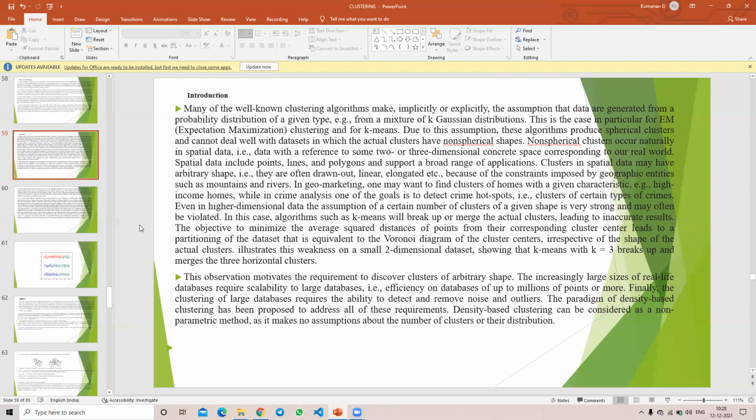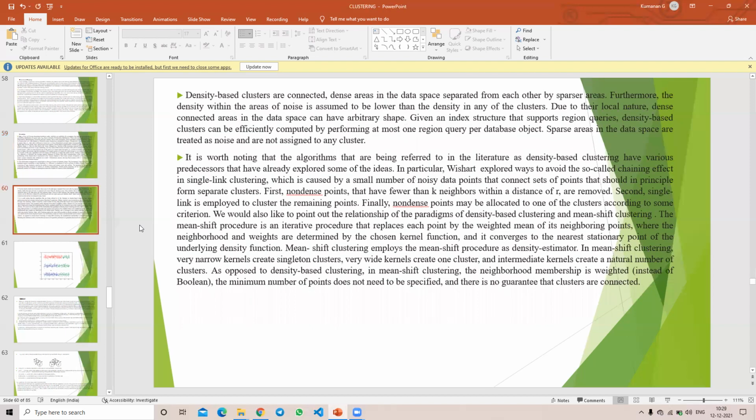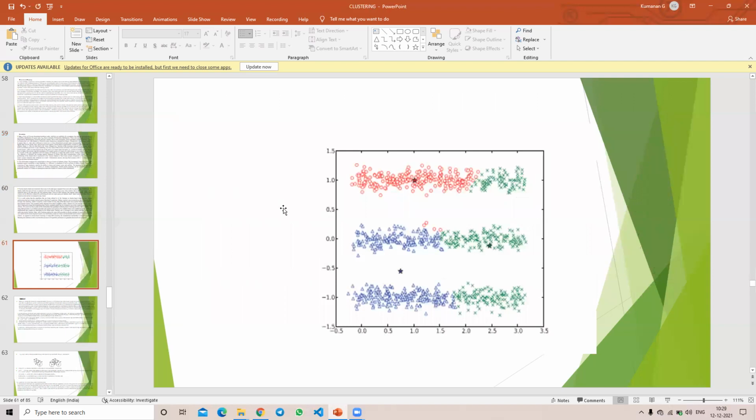The paradigm of density-based clustering has been proposed to address all of these requirements. Density-based clustering can be considered a non-parametric method, as it makes no assumption about the number of clusters or their distribution. This is a diagram of the flat structure of a density-based algorithm.